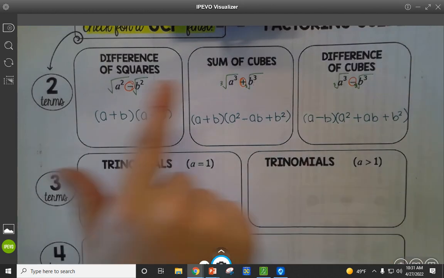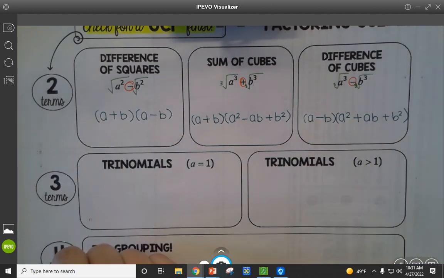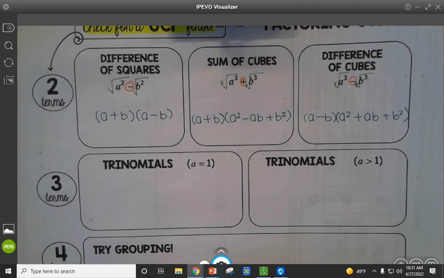So this is all if it's 2 terms. You'll do one of these 3. And if I don't tell you factor by difference of squares, you have to look at the numbers and figure out if they're perfect squares or if they're perfect cubes. And you just look at the list. Perfect squares list, perfect cubes list to see which list they're on.